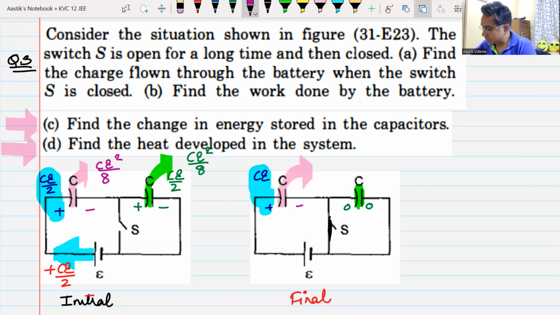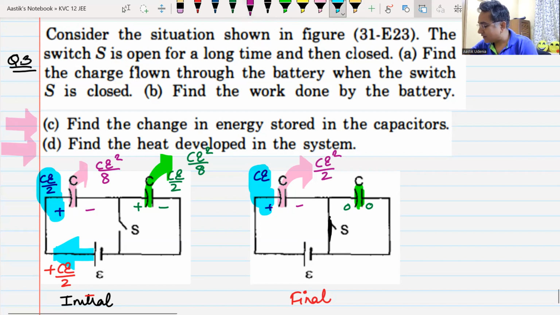CE square by 4. What is the energy in this one? I again give you a chance. CE square by 2. Okay.